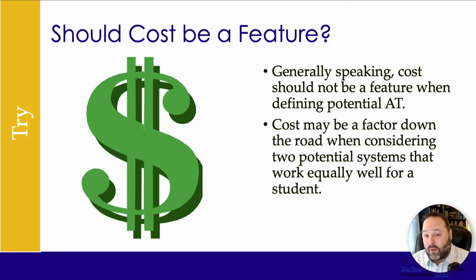Down the road, however, if we find systems that are generally comparable, in other words, they have practically the same features, and they are both going to meet the student's needs in the same way, that would be a time that we could apply cost as a potential decision, a feature in that process. But at this point in time, we want to focus on what the student needs, not how much it costs.